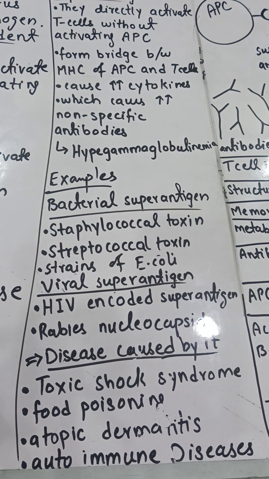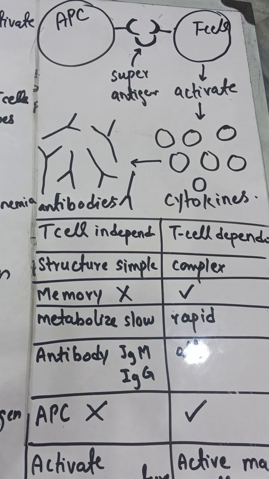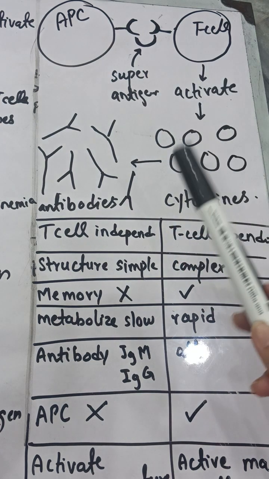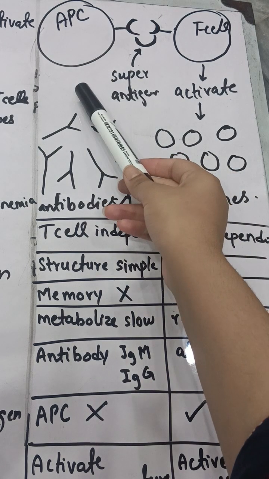How are they causing it? Let's discuss their mechanism. Here I have explained the mechanism, and now you can easily see how it works. We have said that the super antigen is going to activate the T cells. How? This is your antigen presenting cell.